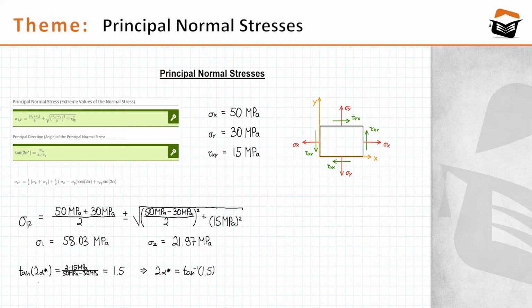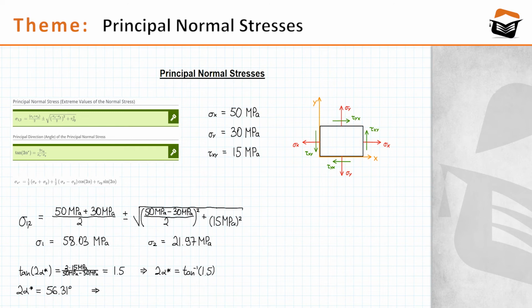And that gives us, actually, let me start with 2 alpha star is equal to 56.31 degrees.